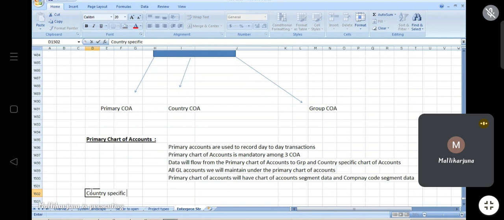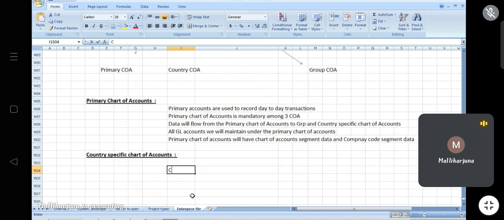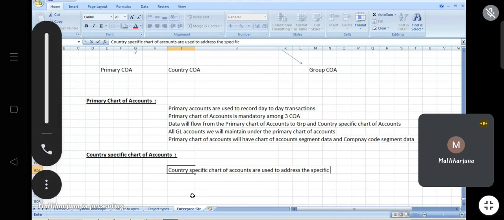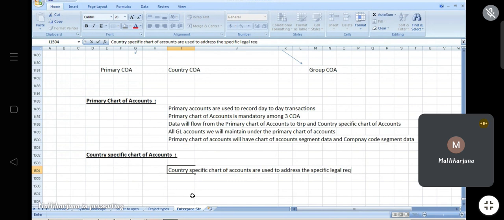Country specific charts of accounts are used to address specific legal requirements.